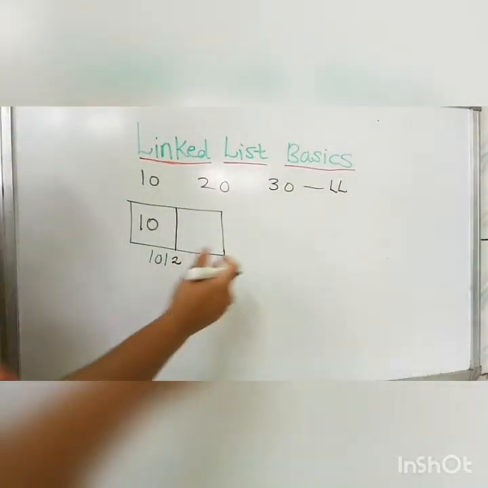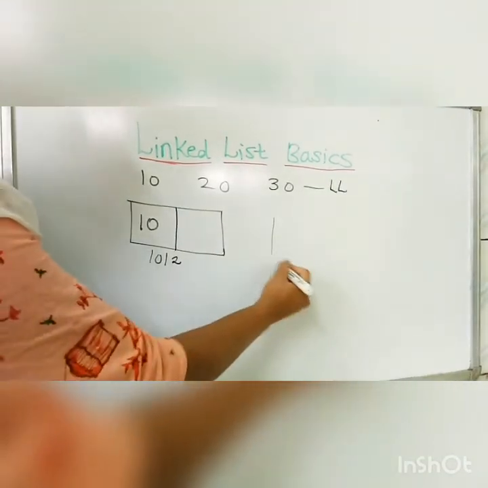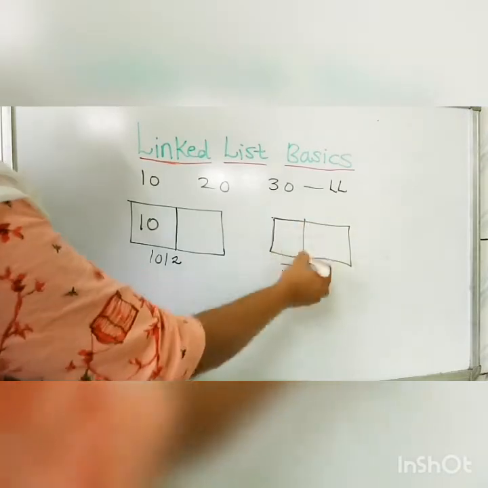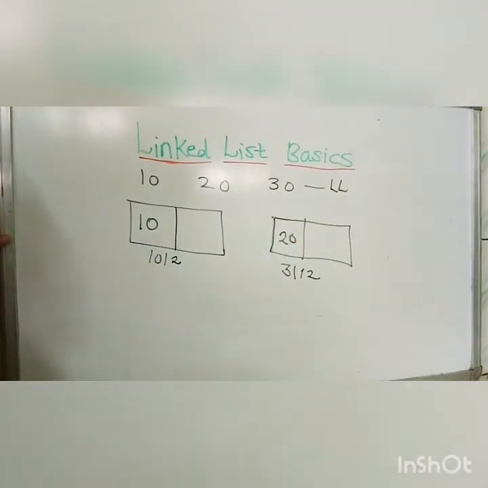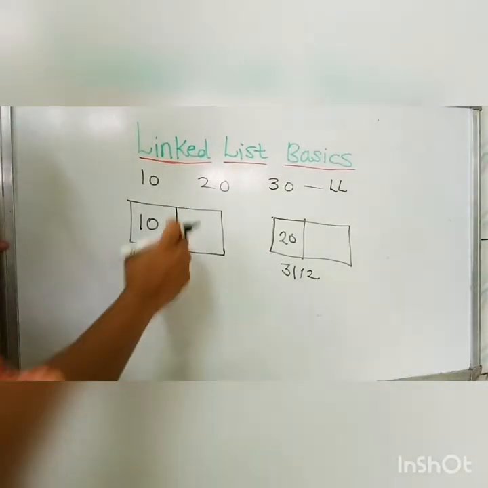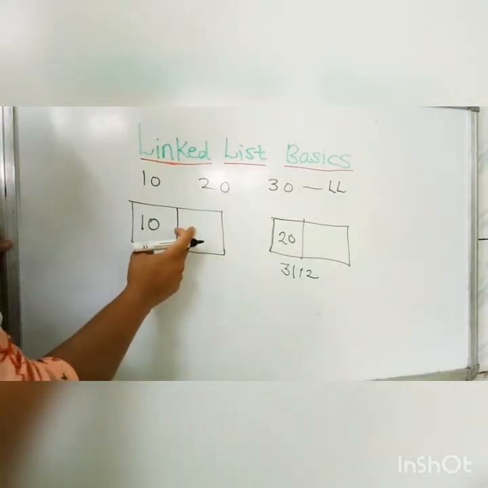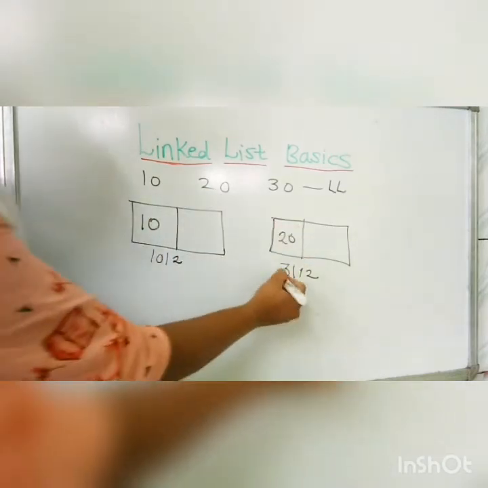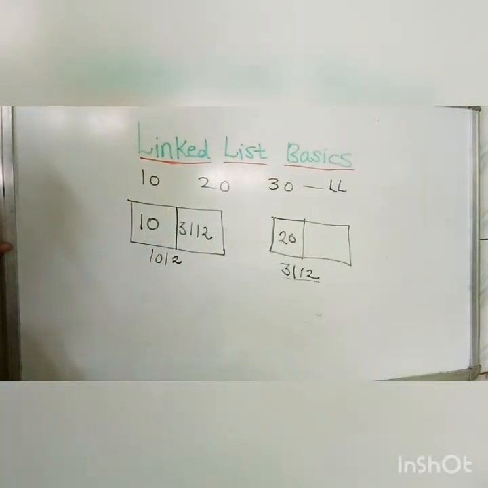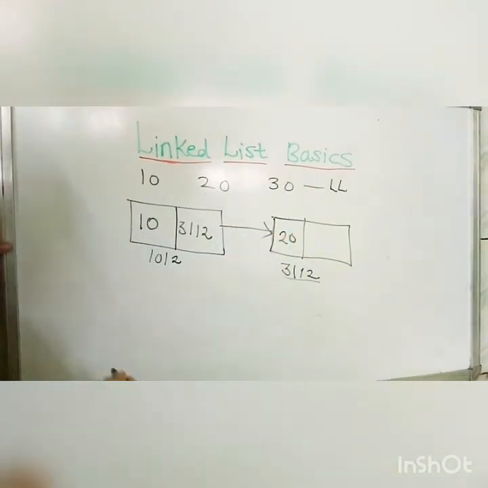Then in between many more data elements were situated, and we will get a memory location at 3112. Here we will place our next data element, that is 20. But what does this next compartment store? This is the linking mechanism: it will store the address of the memory location where our next data element is situated. So we store 3112 in the address part and link it.